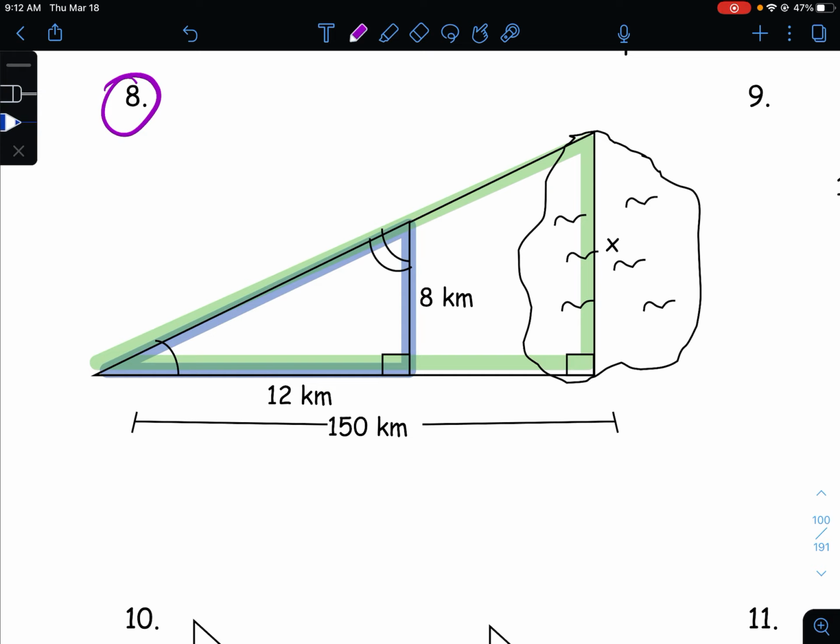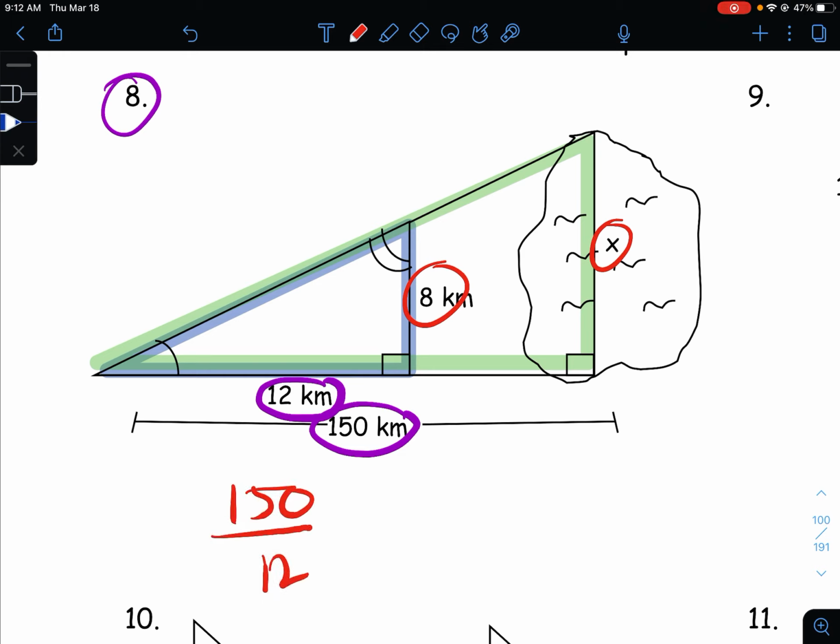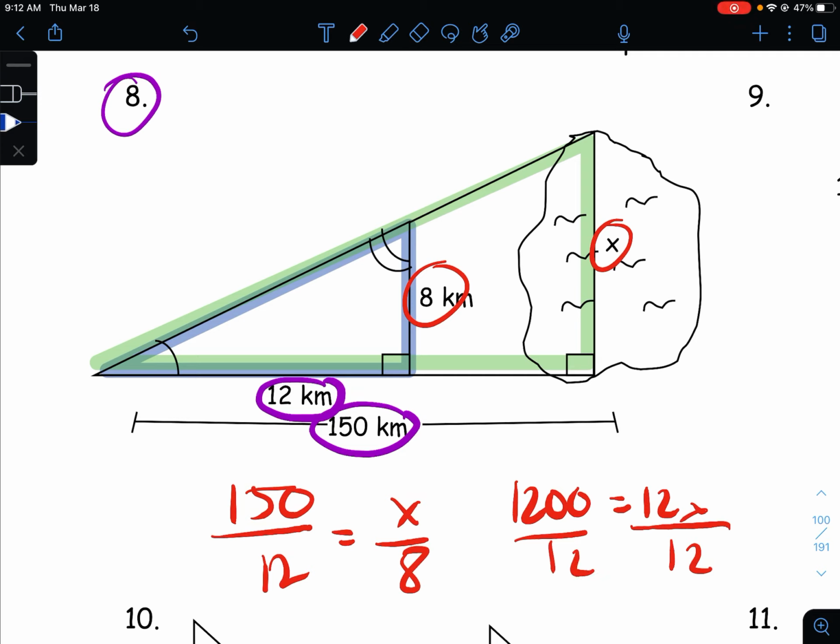So looking at the small triangle, or actually, we'll do our big triangle first. We've got 150, and that's going to go with the 12 on our small triangle. And then we've got X, which is going to go with the 8. So we can do big over small. We'll do 150 over 12 equals X over 8. So we get 1200 equals 12X. Divided by 12 is going to give you 100.